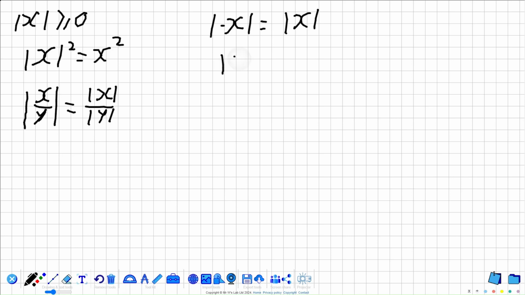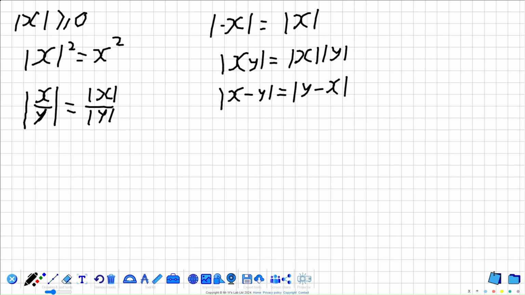We've got xy, so x multiplied by y, is equal to mod x multiplied by mod y. And the final one is that mod of x minus y is equal to mod of y minus x for all real values of x and y.